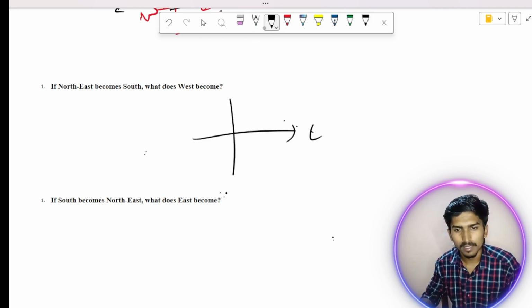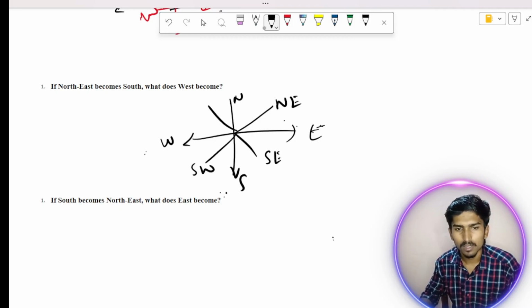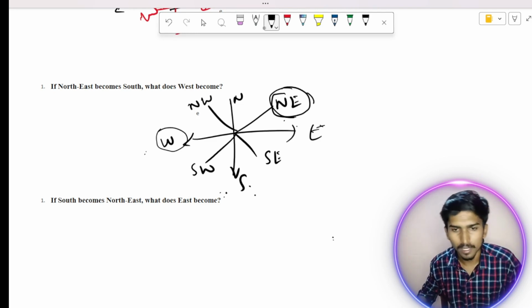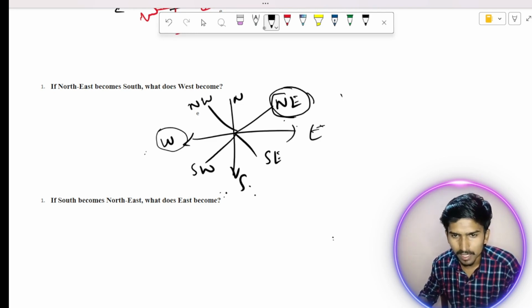This is east, this is north, this is west, this is south. You know that this is northeast, this is southeast, this is southwest, this is northwest. If this northeast becomes south, it comes to here. What does west become? Very simple question. See, you apply your brain here. If northeast becomes south, it is moving in the clockwise direction.